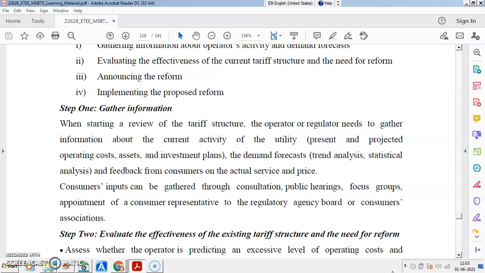Then about the demand forecast, which includes trend analysis, statistical analysis, feedback from consumers and actual services and prices. So all this data is gathered. Consumer input can be gathered through consultation, public hearing, focus groups.